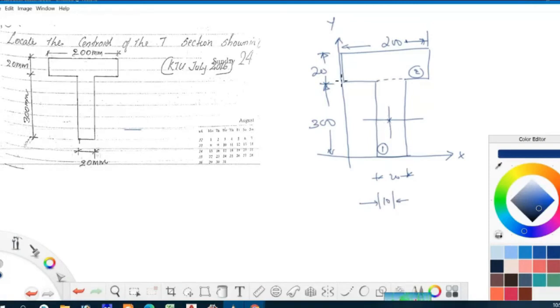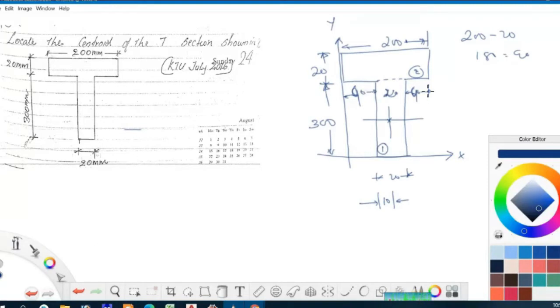And what will be this distance? This will be 200 minus 20 by 2. The total is 200, this is 20, so as it is symmetrical, 200 minus 20 is 180, half of it is 90. Yes, 90, and this is 90, and this is 10, so 180 plus 20 will be 200.